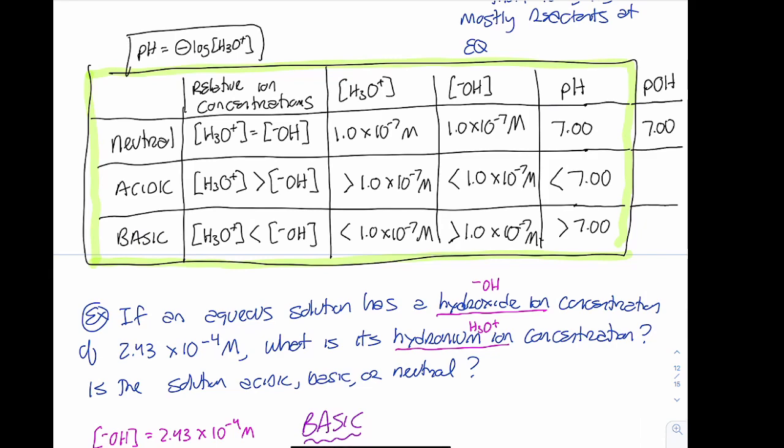My pOH, if it's acidic, is going to be greater than 7. It's that inverse relationship I was just talking about. And then less than 7 if it's basic. The larger your hydroxide ion concentration, the lower your pOH is going to be.